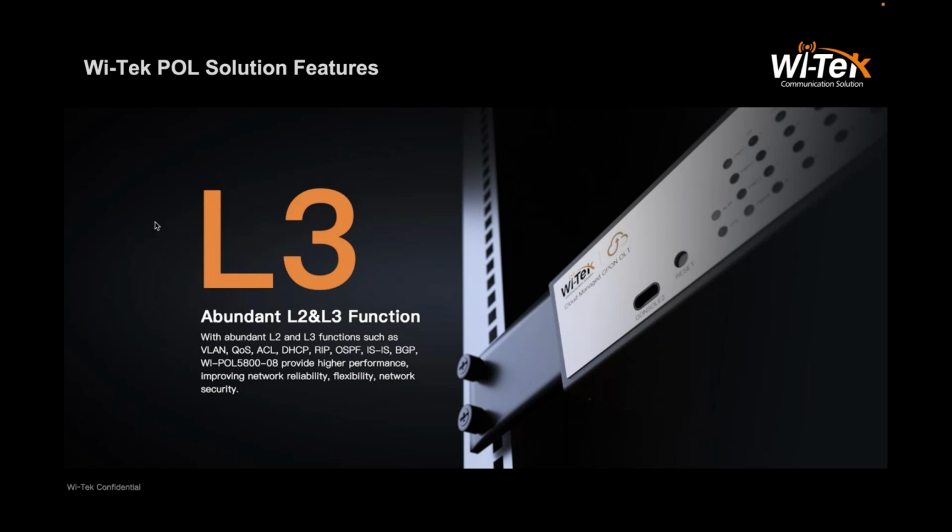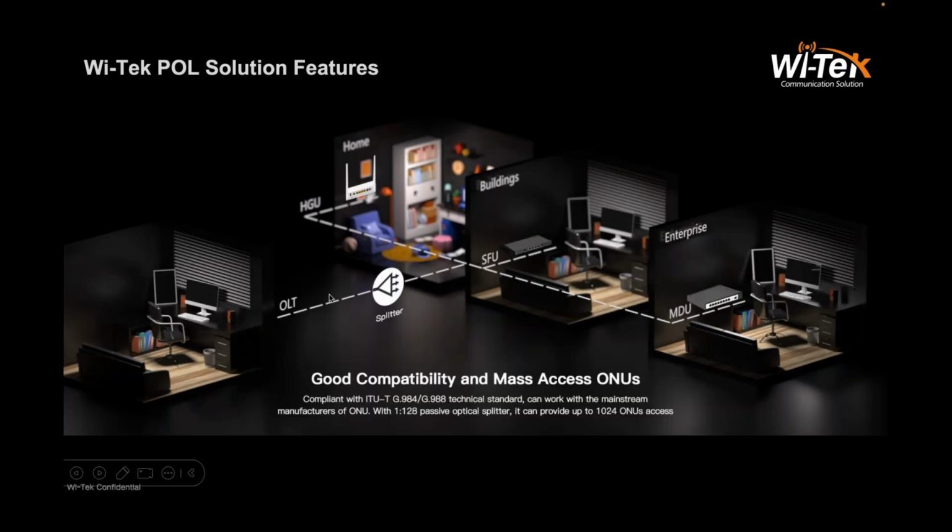And also, we have some features for the PON system. First, it can perfectly replace the layer 3 switch. You can see it has rich layer 2 and layer 3 functions, like VLAN, QoS, ACL, TCP, RIP, OSPF, IS-IS, the list of router functions. So it's good for replacing your layer 3 switch. Second is open compatibility.